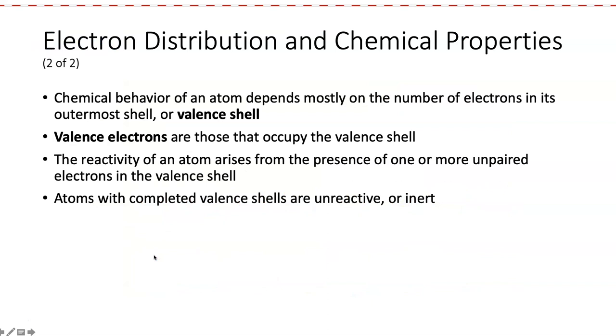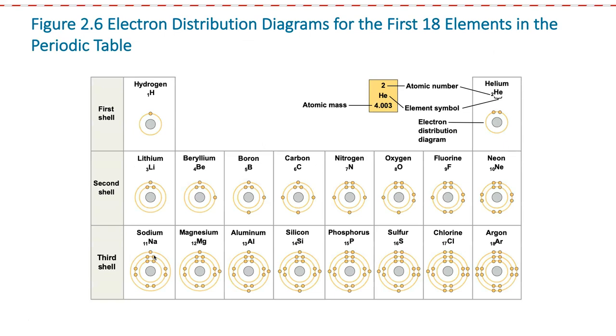Any electron that's found in the valence shell is called a valence electron. And so atoms are reactive based on whether or not they have paired electrons in the valence shell. So going back here, you can see that, for example, argon with 8 electrons in its valence shell is not going to be reactive at all. All of them are paired up.